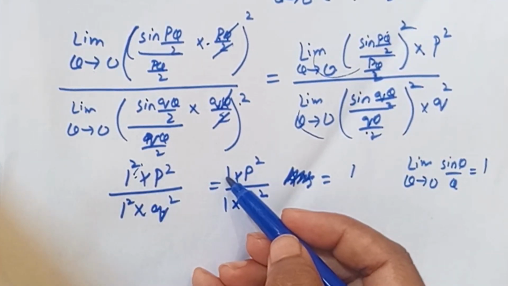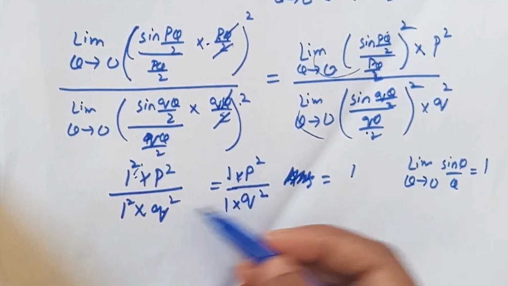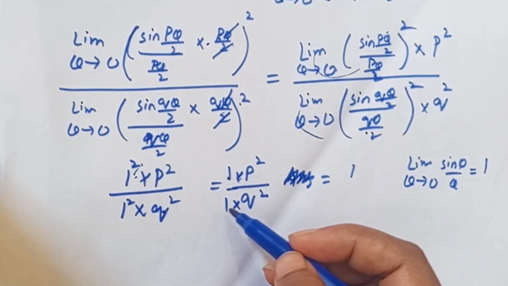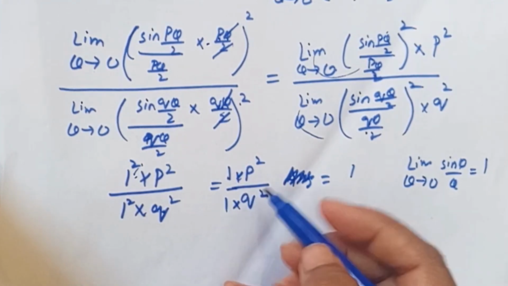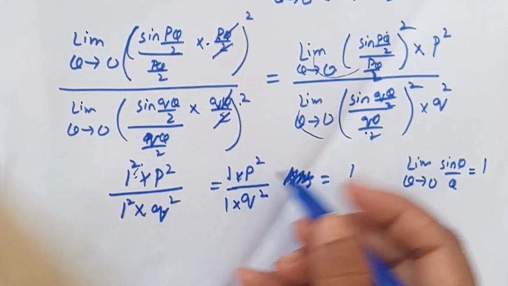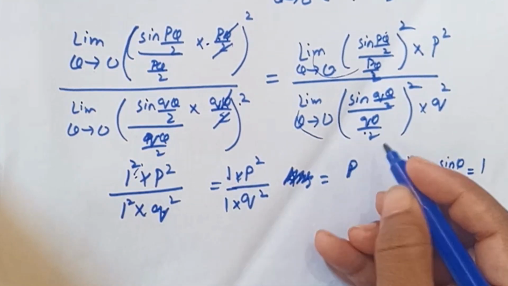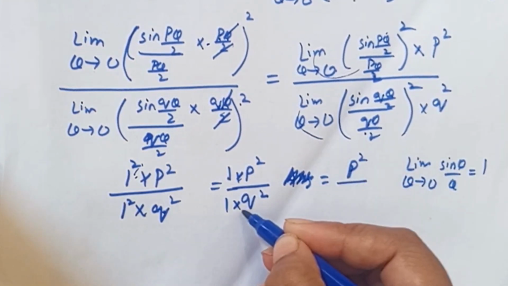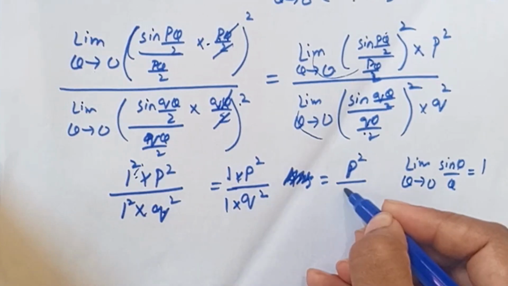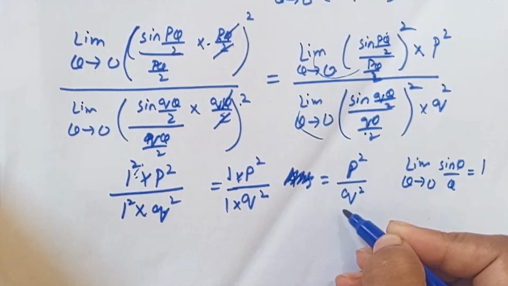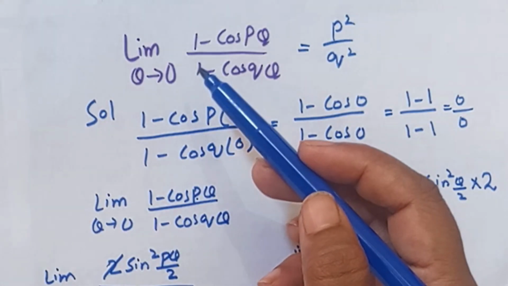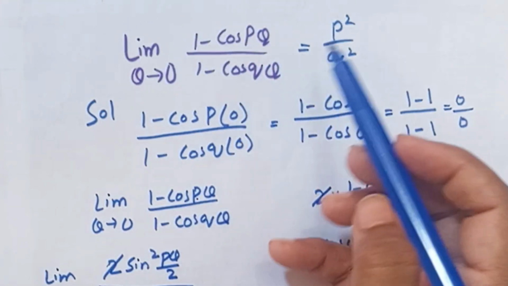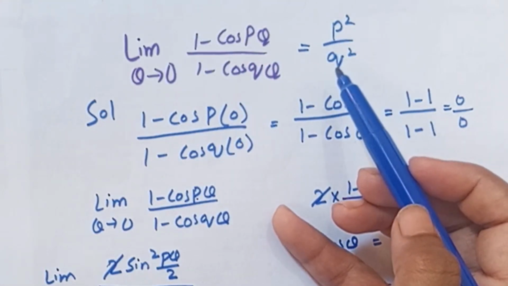So 1 square is just 1, we write here p square, and 1 square is 1 multiplied by q square. Multiplying 1 by p square we get p square, over multiplying 1 by q square we get q square, and this is the limit of our function. So in our question, the limit of this function is p square over q square, and we have done. Thank you.